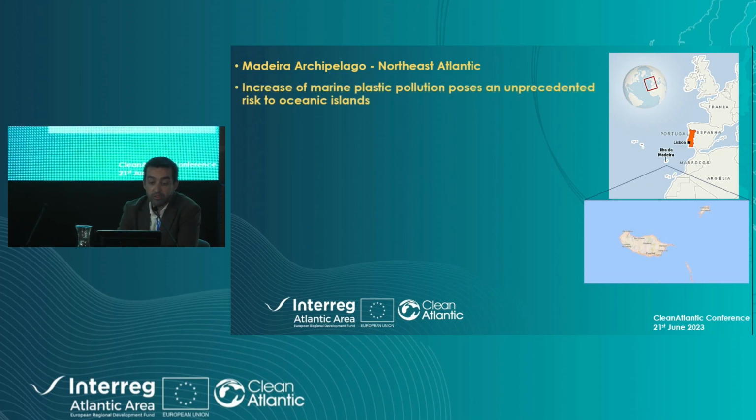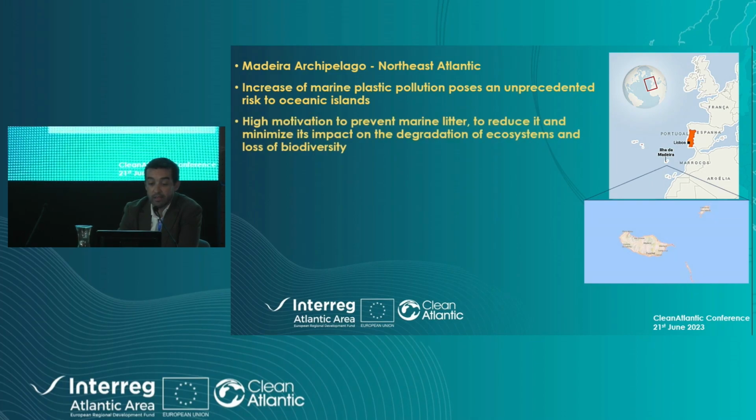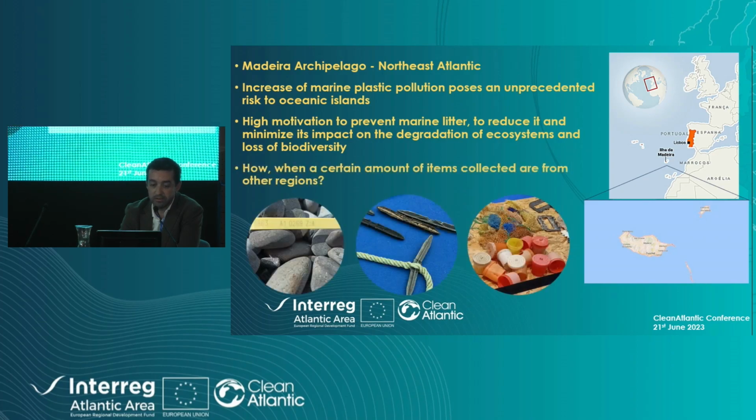The increase in marine plastic pollution is an unprecedented risk to oceanic islands for several reasons, not only the litter going there, but also non-indigenous species colonization and others. There is, throughout all of us, high motivation to prevent marine litter, reduce it, and minimize its impact on the degradation of ecosystems and loss of biodiversity.